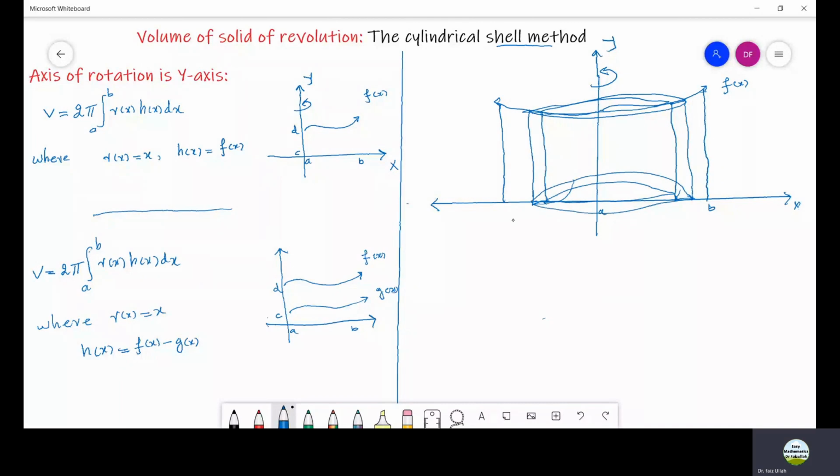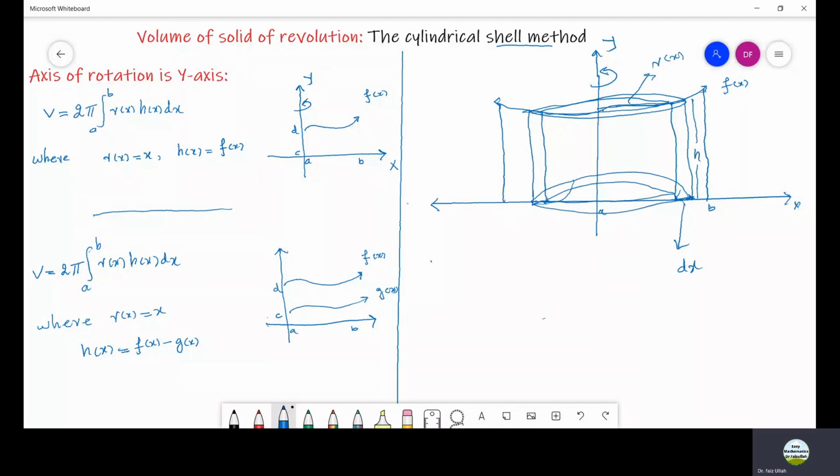Now look at this cylinder. In the first case, we need the thickness. This is the thickness, which is denoted by dx, and the height of the cylinder from here to here is denoted by h. And now we need the radius. Radius is this distance, and this radius is r of x, which is equal to x here.